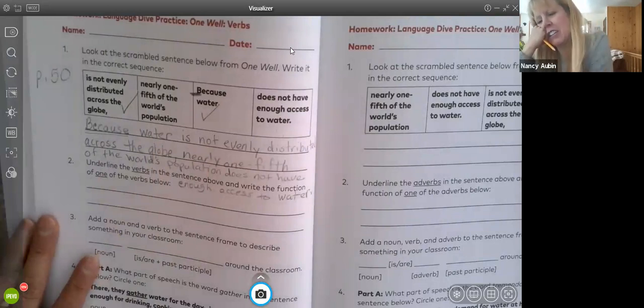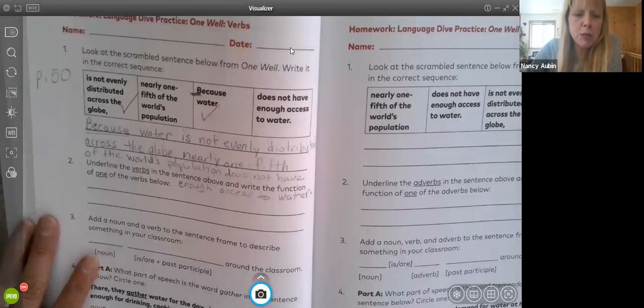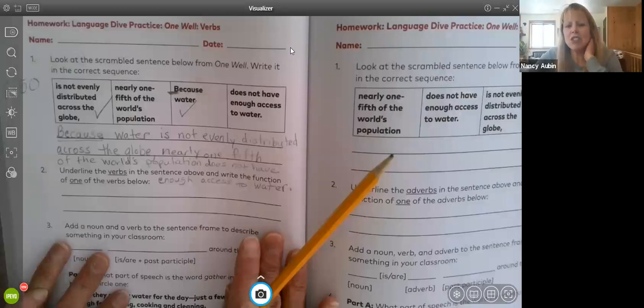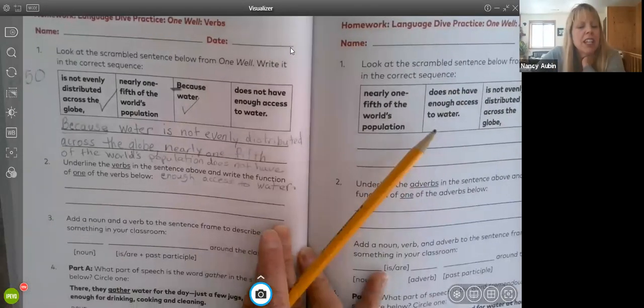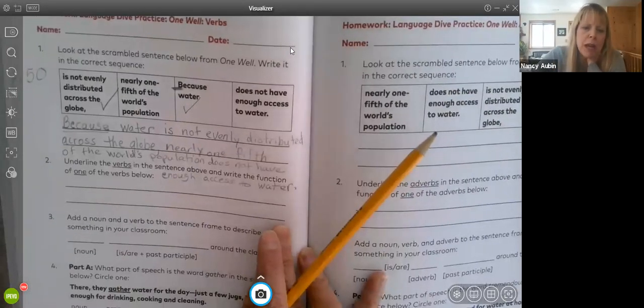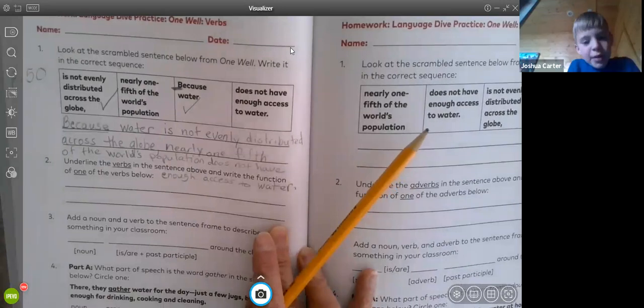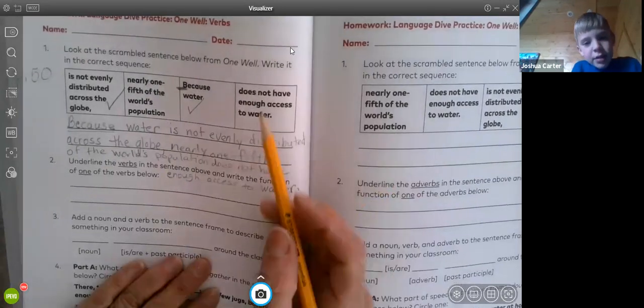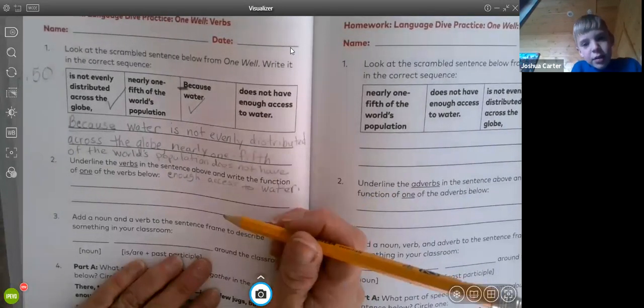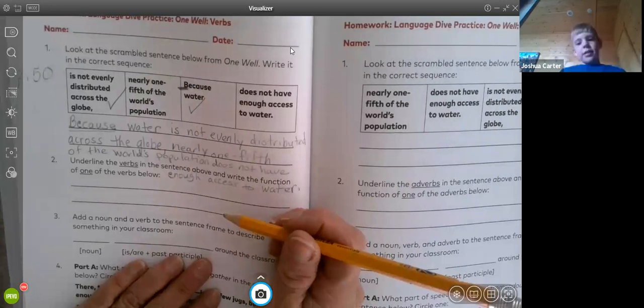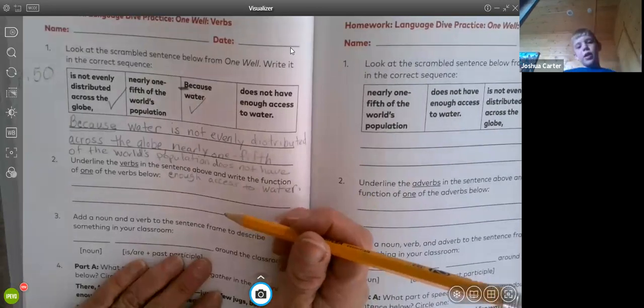Josh Carter, do you think you know one of the verbs? Because water is not evenly distributed across the globe, nearly 1/5 of the world's population does not have enough. Is globe one? What is it?